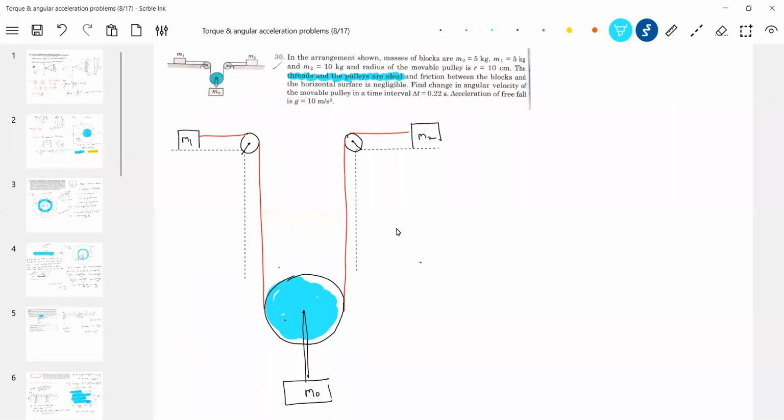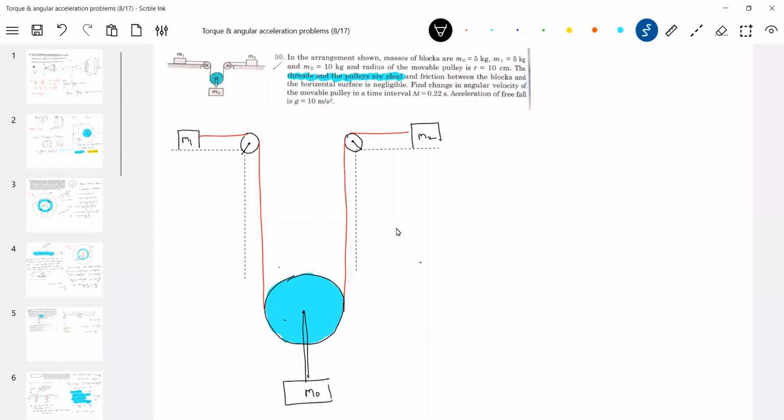It's asking its angular velocity. So what all we can do first, we'll do it. That's all, no? Now, what is this? This pulley is light, no? So what will happen to the tension on either side?